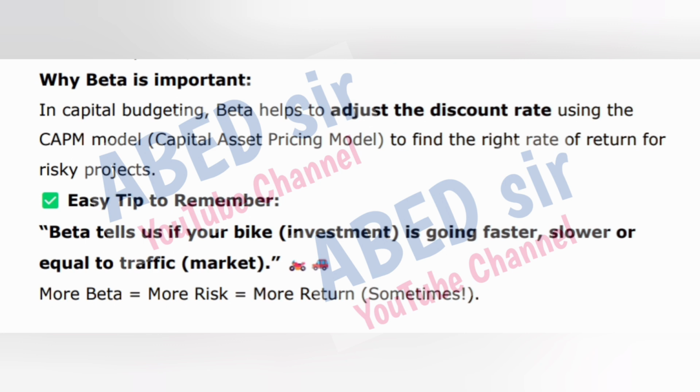In capital budgeting, beta helps to adjust the discount rate using the CAPM, capital asset pricing model, to find the right rate of return for risky projects. Easy tip to remember: beta tells us if your bike, the investment, is going faster, slower or equal to traffic, the market. More beta is equal to more risk is equal to more return sometimes.